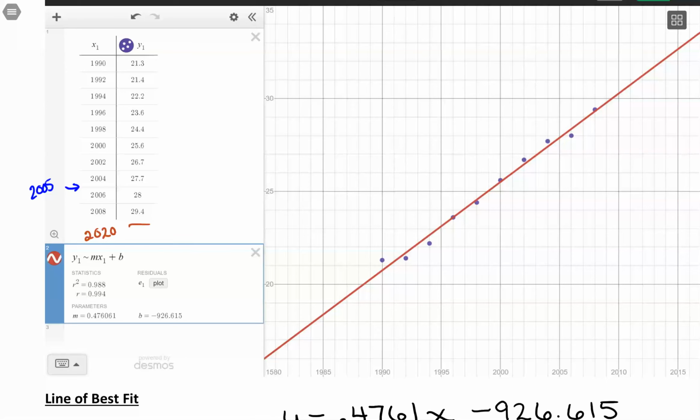And as I talked about in the video before, we want to be careful with this value because we're doing extrapolation, which goes beyond the bounds of our data, and we don't know what the trends are around it and what things could have changed this trend for percentage of college graduates.